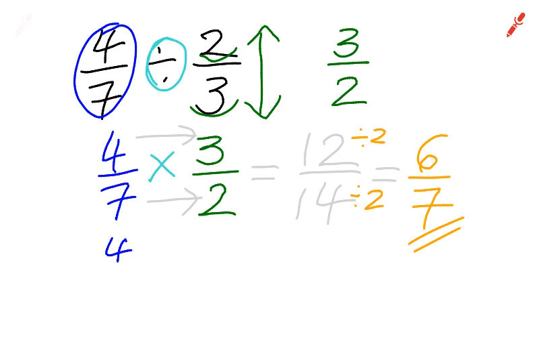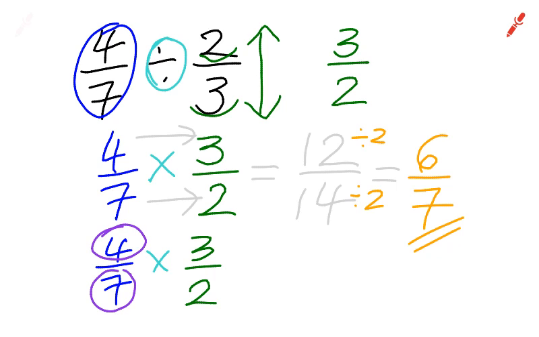If at this stage you didn't want to multiply across, you wanted to first check if you could simplify, you would check, can you simplify 4 and 7? No, because 7 and 4 are not in the same family. Try another at the bottom, 4 and 2. Yes, you can. So you could halve both.